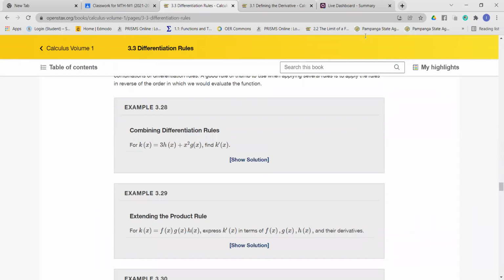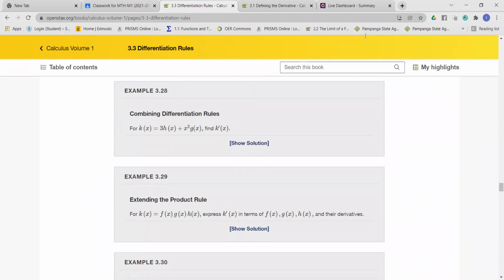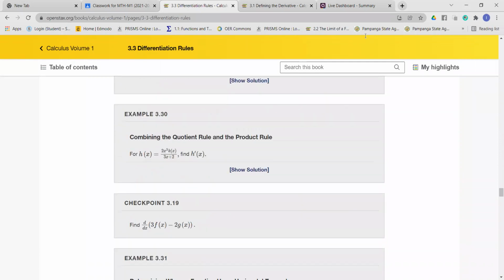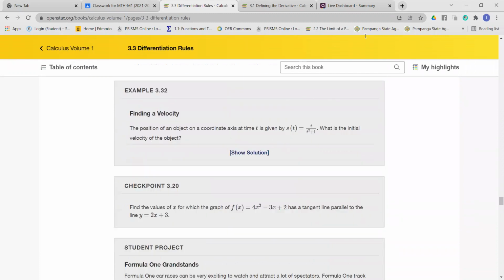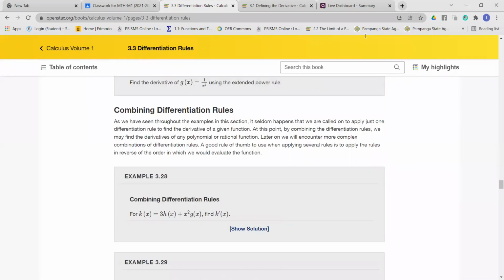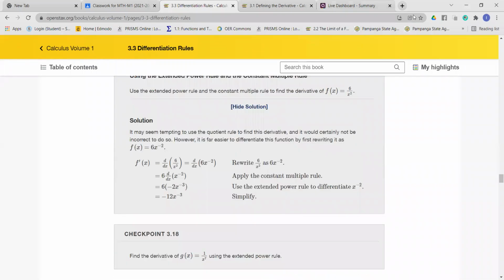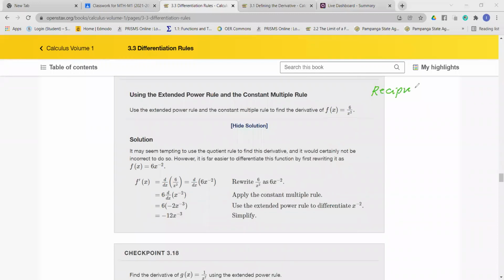Okay, combining all the rules. You can combine them all. Any questions? Before we leave this, there is also what you call the reciprocal rule. It's the extended one: if there's an extended power rule, there's also an extended division rule.